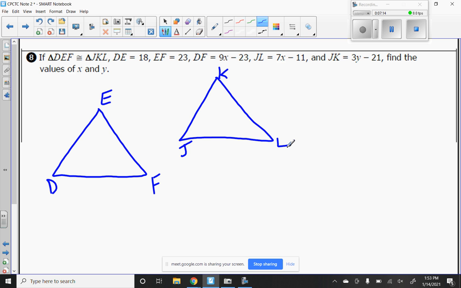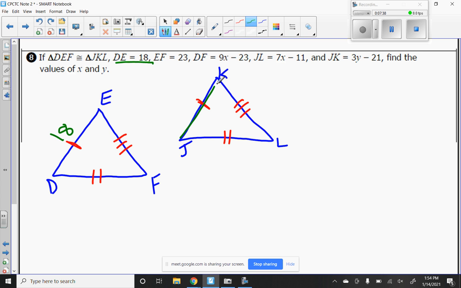So I now know, based on the way I drew the picture, that this left side is equal to this left side. This bottom side is equal to this bottom side, and this side equal to this side, because of the way I drew it. So DE is 18.